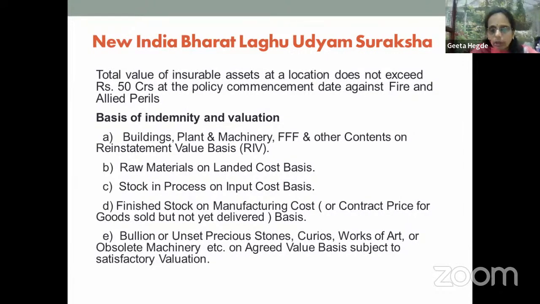If you don't consider contract price basis, then it is the finished stock on manufacturing cost excluding profit. We have seen in SFSP that profit element is never considered even for the finished stock. But in this new policy, profit element will be considered, not under all finished goods, but only where contract price is considered for valuation.